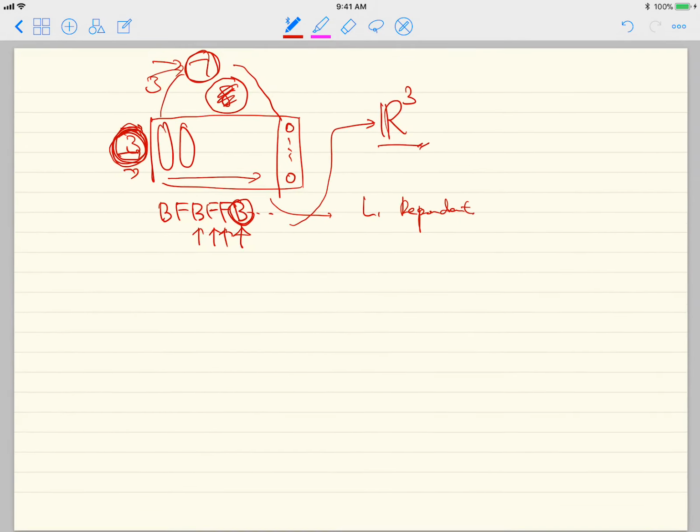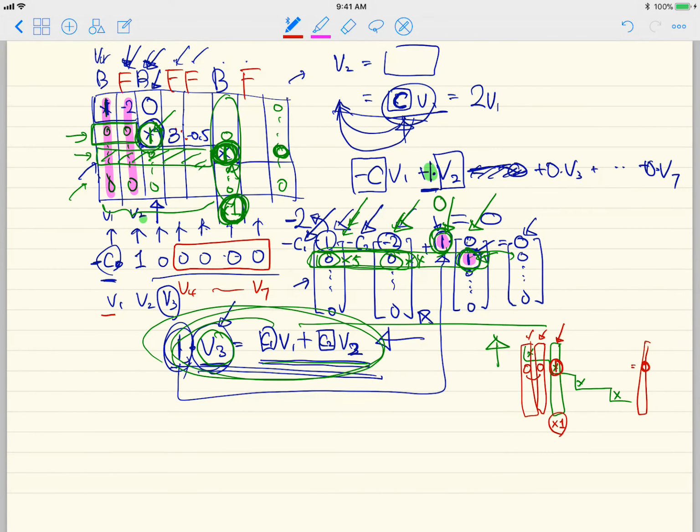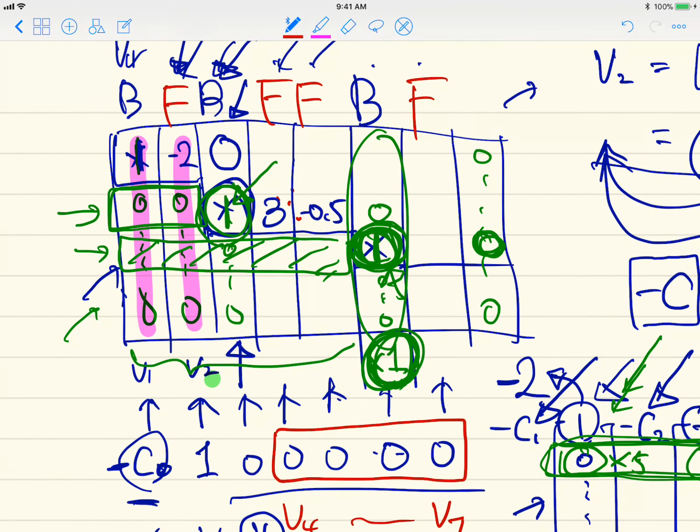But let's go back, and let's just use one more example here. Suppose we want to add the fourth vector in this case.